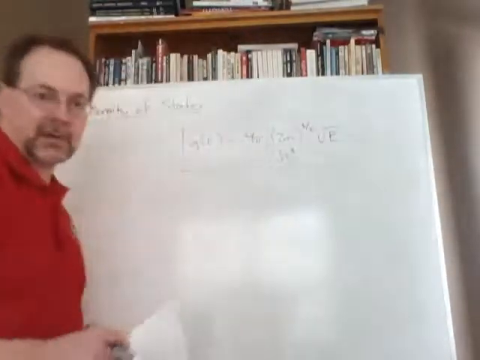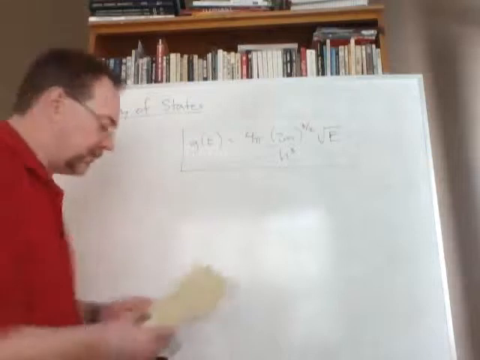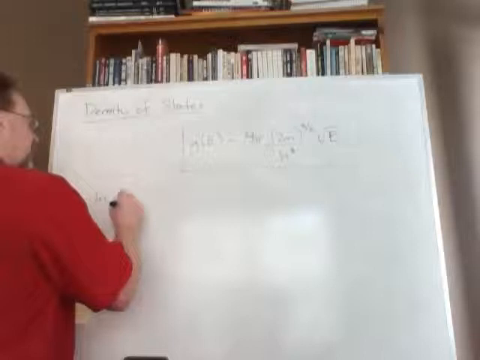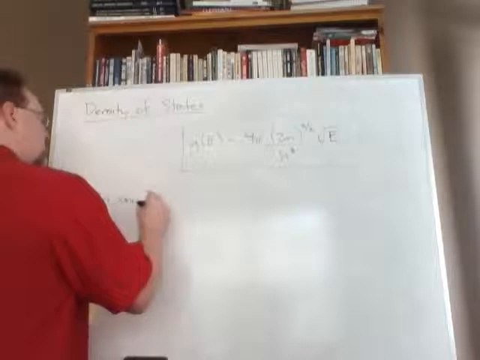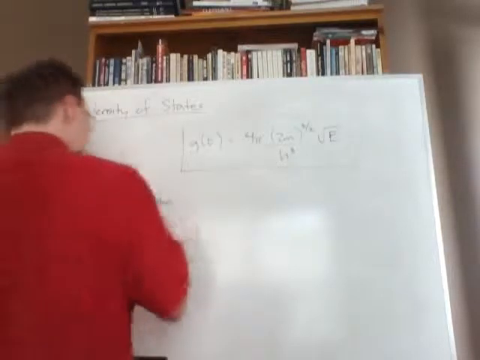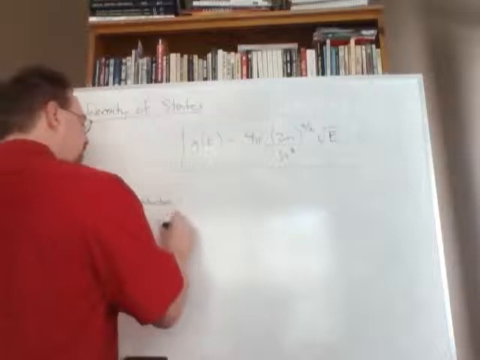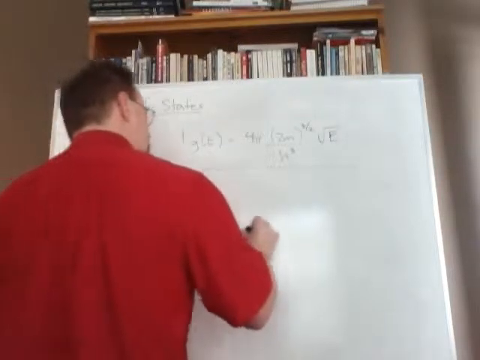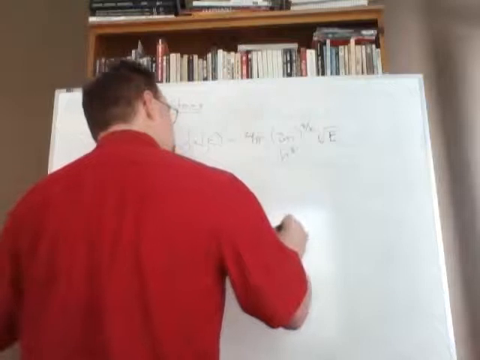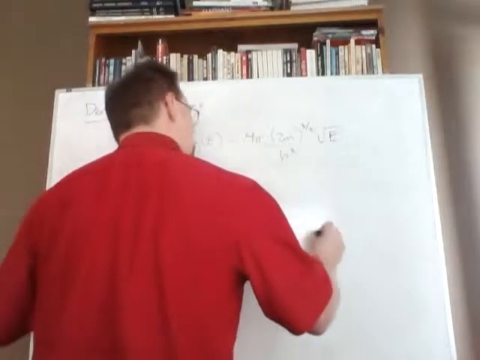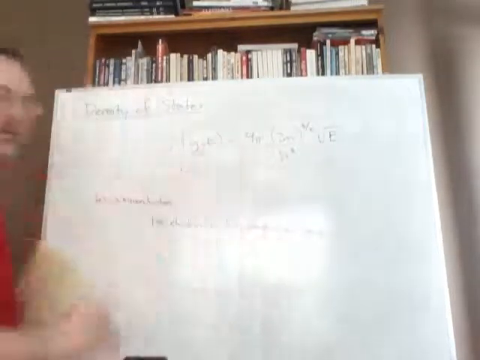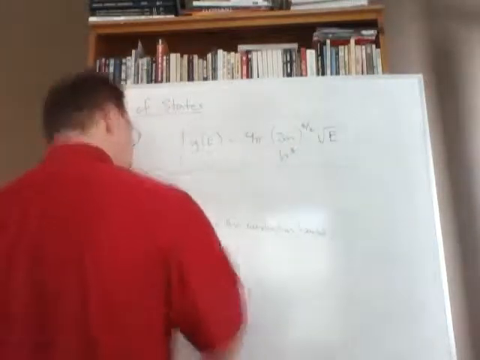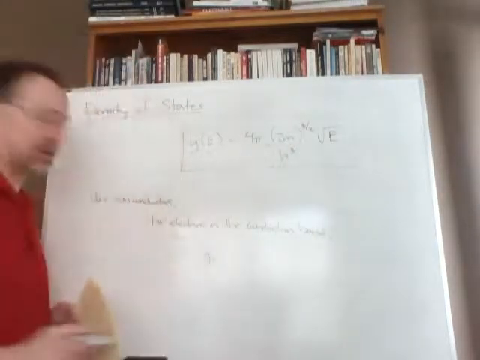How do we use this in semiconductors? Well, in semiconductors, we will use this in the following way. For electrons in the conduction band, we will modify this a little bit, and we'll have a g sub c for the density of states in the conduction band.